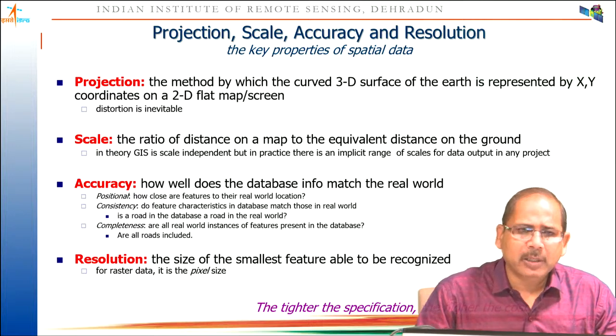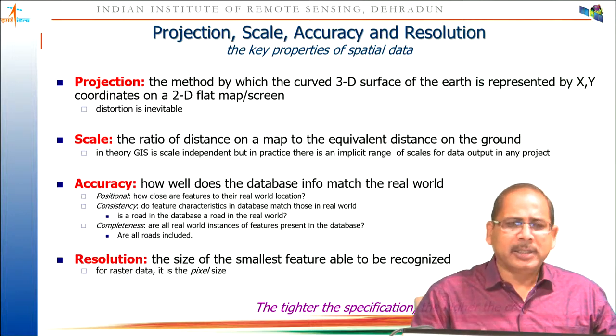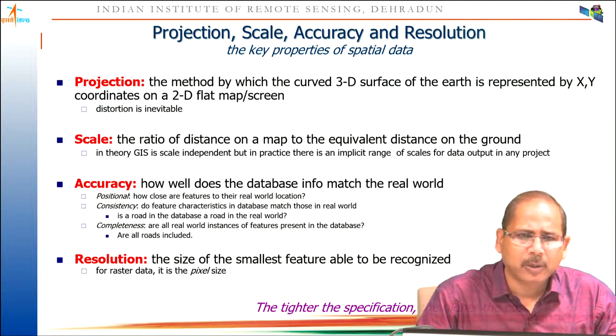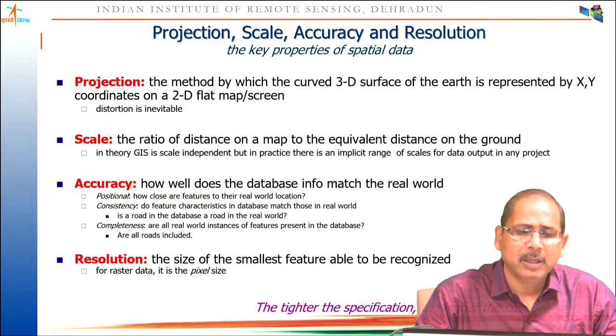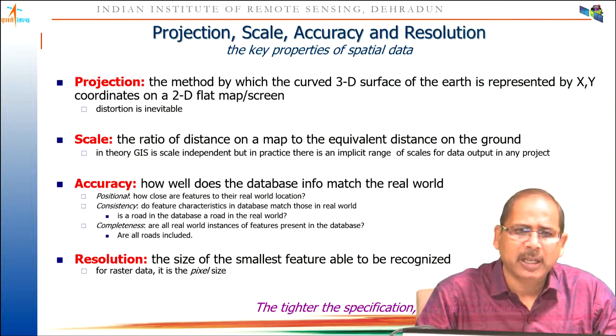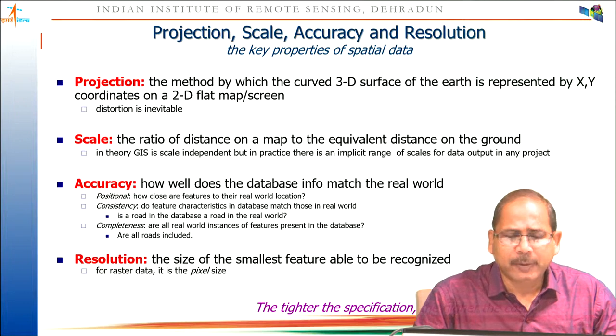So when you are dealing with geodata, you have to keep in mind these four important parameters. Already we discussed these parameters in our GIS modules: projection, scale, accuracy and resolution. These are very important points to keep in mind.